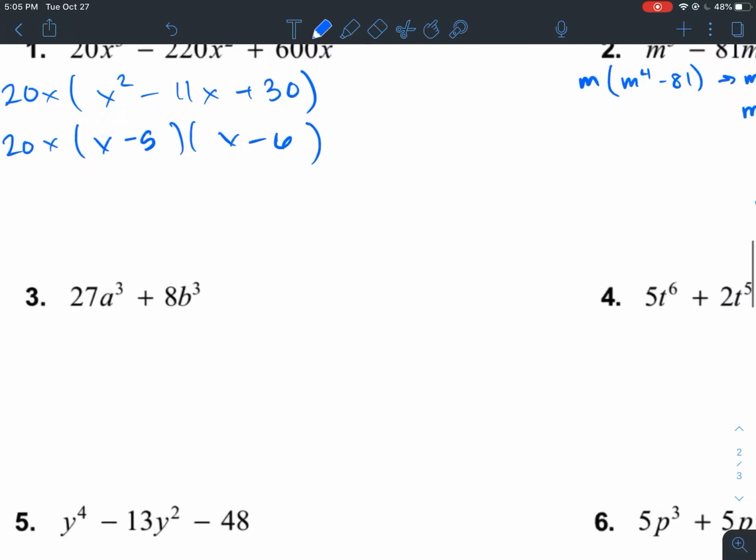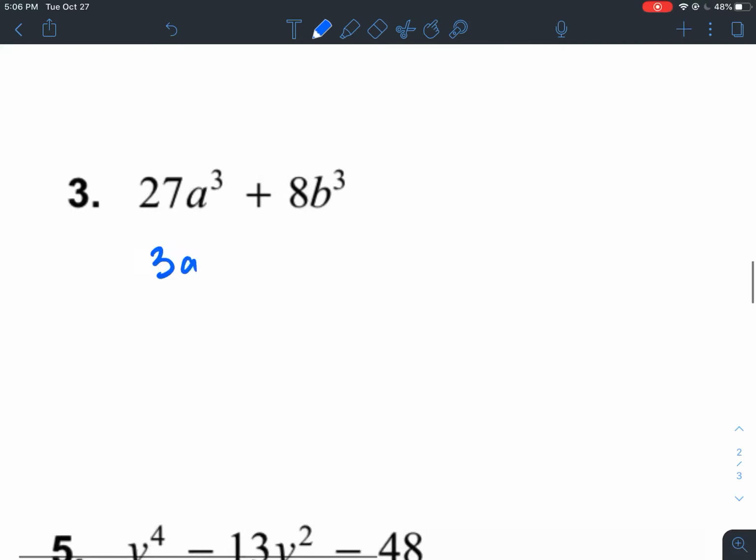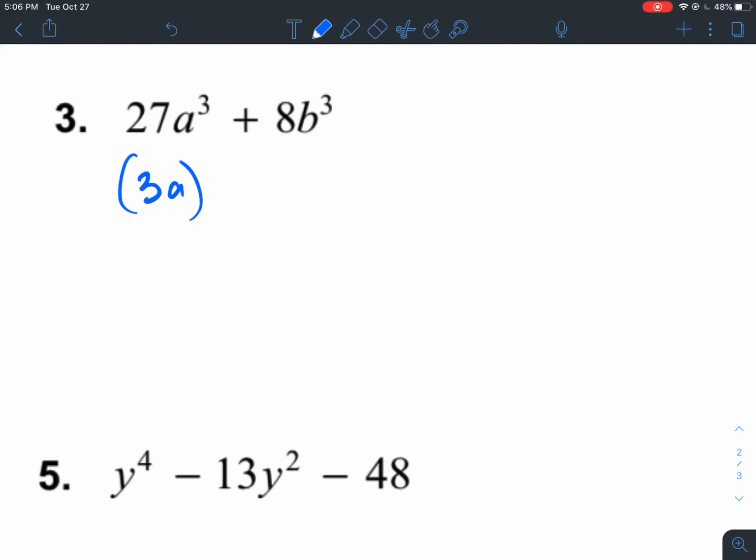So I have an a cubed and an 8 cubed, but these items right here aren't being cubed, but I can make them so they are. So 27 is equivalent to 3 cubed. So I can change this to be 3a being cubed, because that is the same thing as 27a cubed plus 2b cubed, because 2 cubed is 8.